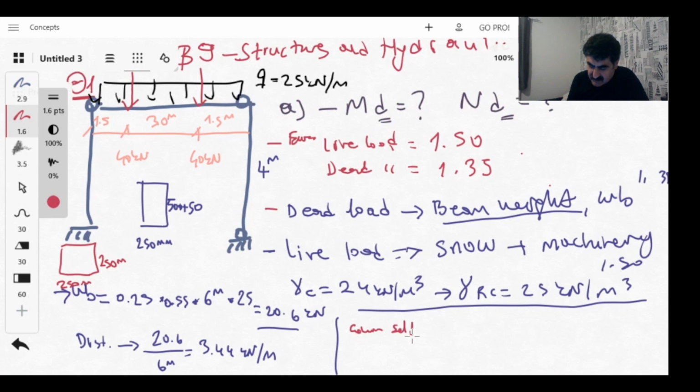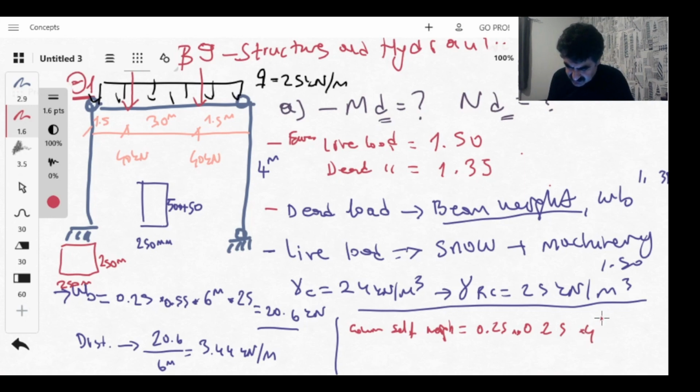Column self weight is 0.25 multiplied by 0.25, multiplied by 4 meters, and multiplied by, since this is also reinforced concrete, 25 kilonewton per meter cube. So the total weight of the column is 6.25 kilonewton.